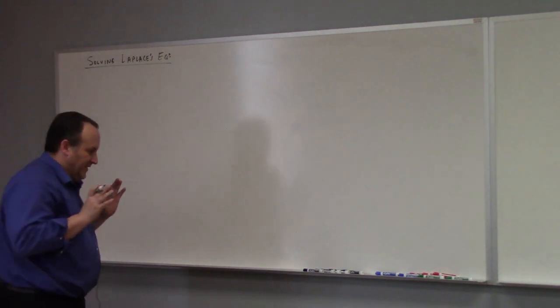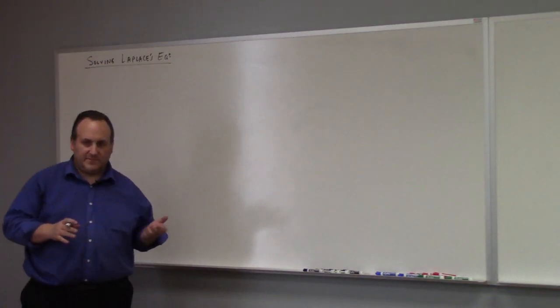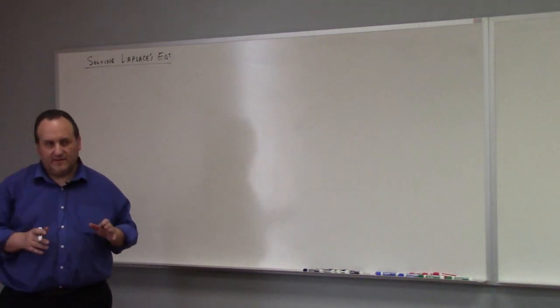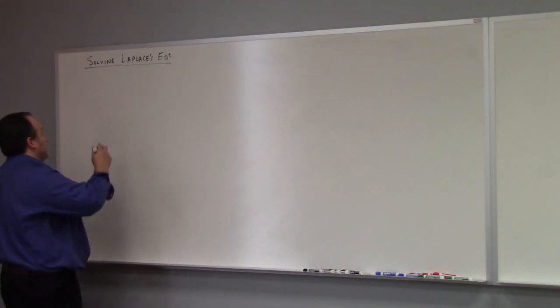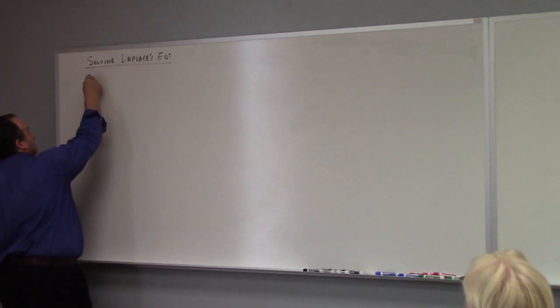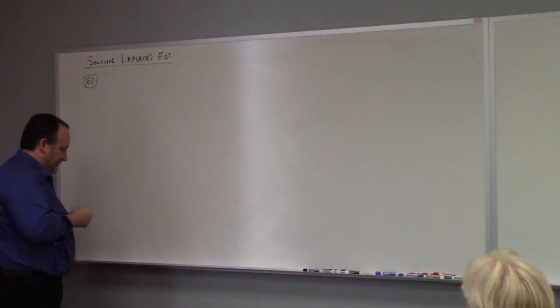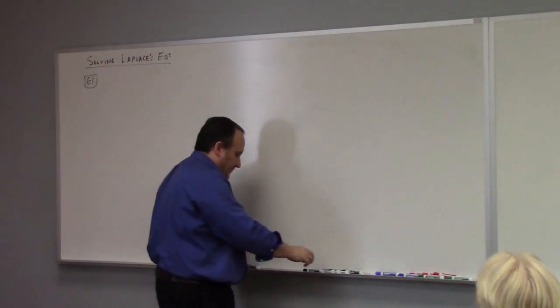Today, I'm going to do my level best to do at least one or two examples. If we get to two, it'll be amazing. Of the method of separation of variables for solving Laplace's equation. Let me get straight into an example, because that pretty much is where it's at. The example will illustrate the method, I hope.